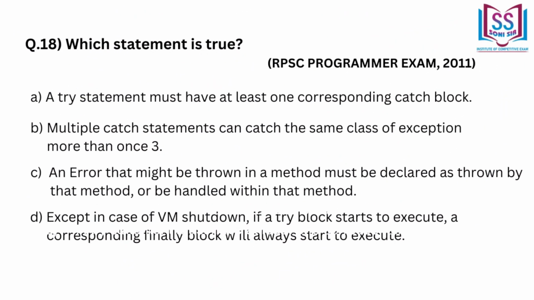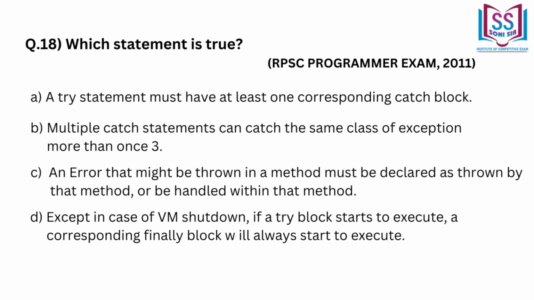Which statement is true? A. A try statement must have at least one corresponding catch block. B. Multiple catch statements can catch the same class of exception more than once. C. An error that might be thrown in a method must be declared as thrown by that method or be handled within that method.